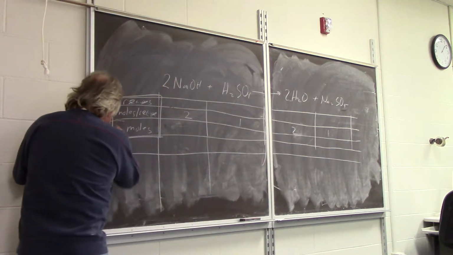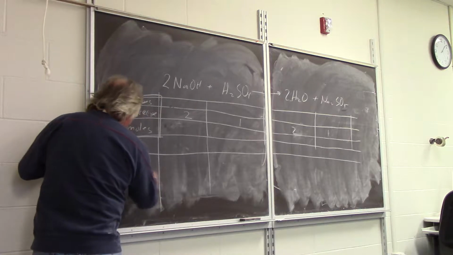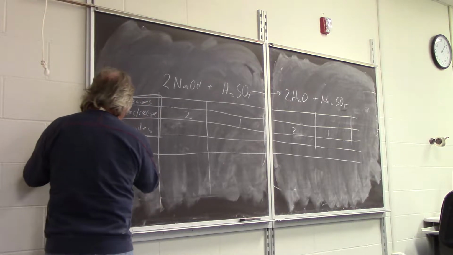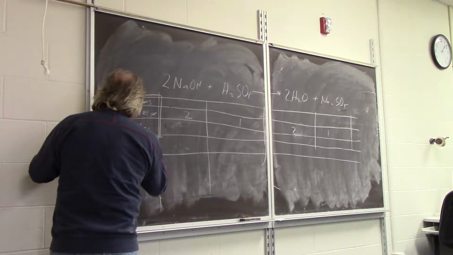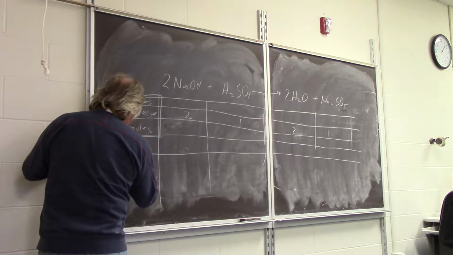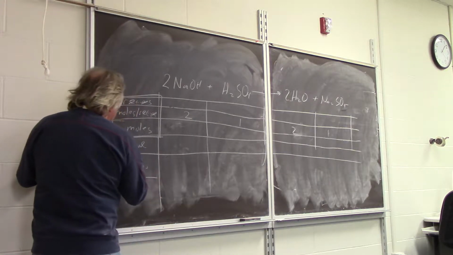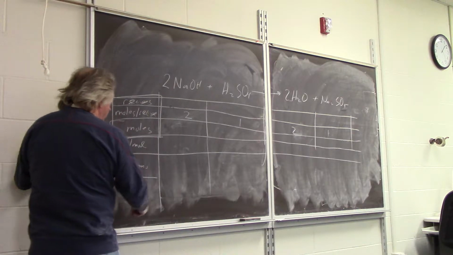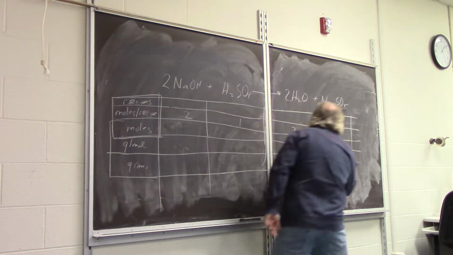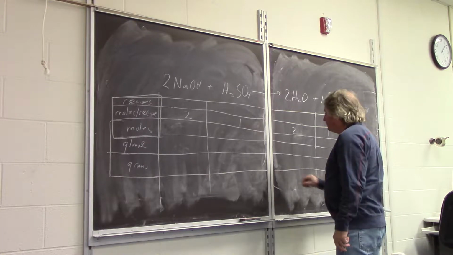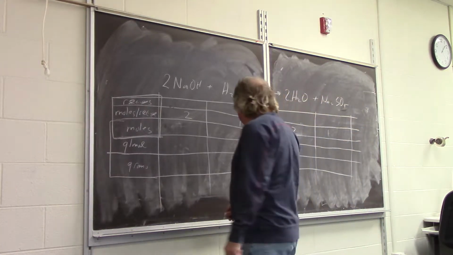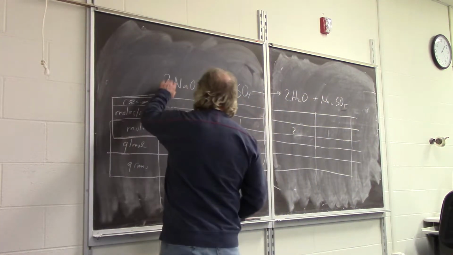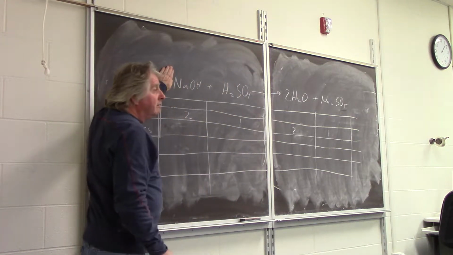The other triangle is the molar mass. So it's moles, molar mass, and grams. What you do is divide the grams up by grams per mole, or multiply. We have to know the molar masses of the substances.